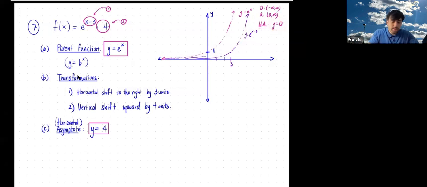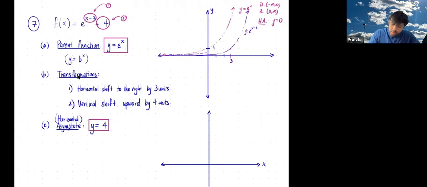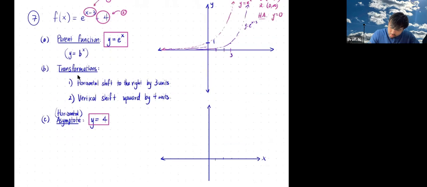So I'm just going to draw this on a different graph, because otherwise it's going to get a little too messy. So let me put this here. I'm just going to put this at 1, 2, 3, right? So again, this is my graph with only the x minus 3, with only the shift to the right by 3. But then I'm going to move everything up by 4.